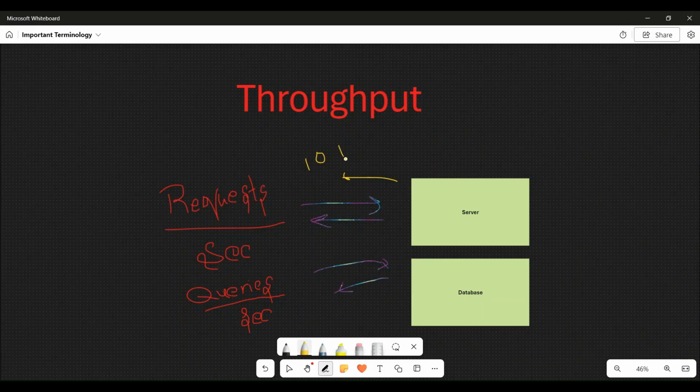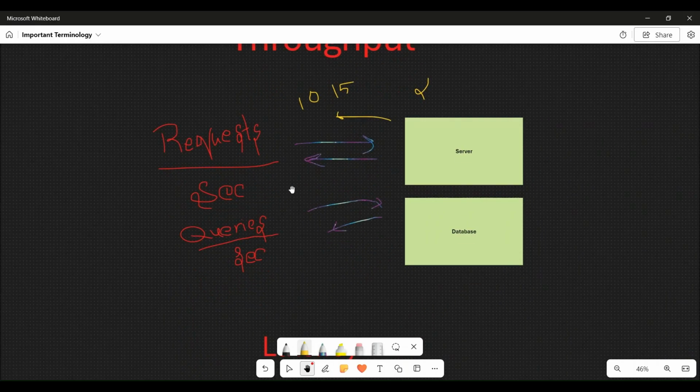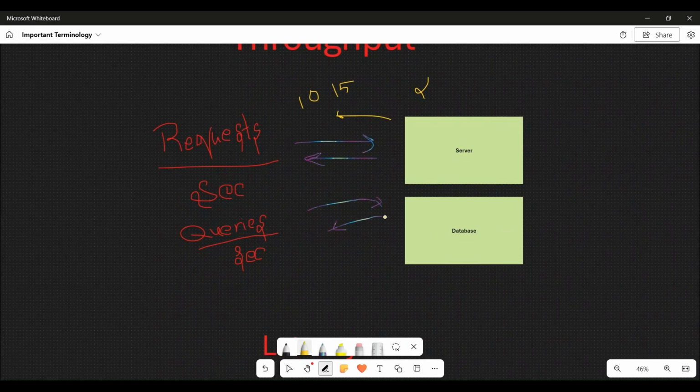If the users increase to 15 and the server crashes, then it cannot handle 15 requests per second, so the throughput is not that good. Similarly for a database, how many concurrent queries per second can it handle. This is usually measured as the number of concurrent requests or queries per a certain time. This is what is meant by throughput.